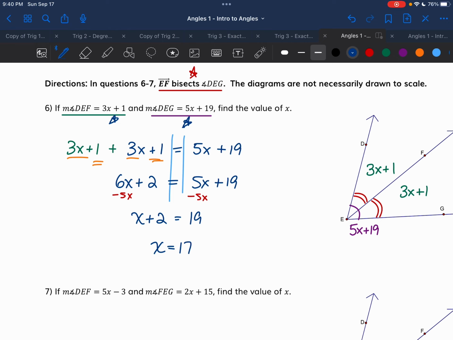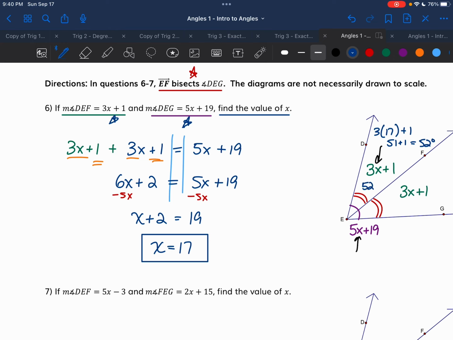Now, please be careful again. This question doesn't ask you to do anything besides find the value of x. So if you want to say you're done, cool, you're done. And that's fine. I would highly suggest to please plug back in and make absolutely sure that when you put the 17 in here and you put the 17 in here, you get something that makes some semblance of sense. That when you say 3 times 17 plus 1, or 51 plus 1, is equal to 52 degrees.